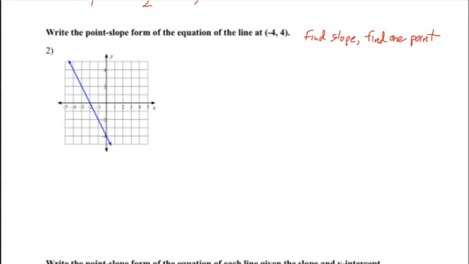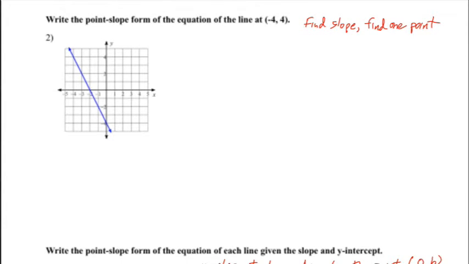Our second problem asks us to write the point slope form of the equation of the line at minus 4, 4. So we're given, right from the problem here, we have our x1 is equal to minus 4, and our y1 is equal to 4. We have to find the slope. We're given a graph here, so we're going to pick 2 points on this graph.